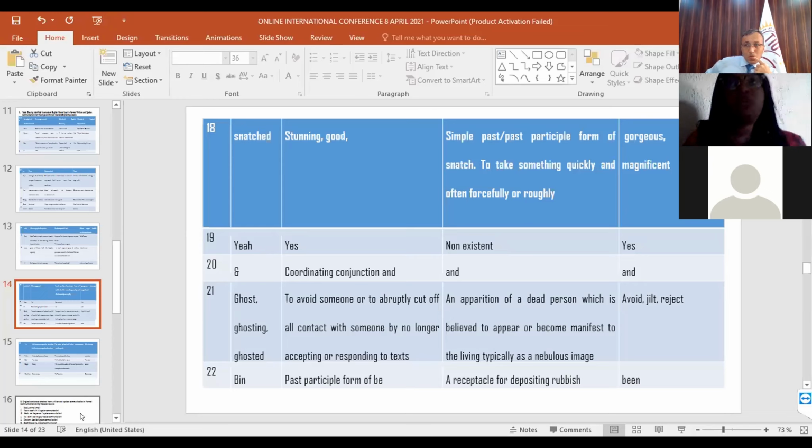Then ghost. In fact, we have ghost, ghosts, ghosted. I mentioned the fact that we're having a very interesting emerging variety among younger users that is gradually becoming well-structured. Now, ghost is used to mean wanting to avoid someone or to abruptly cut off all contact with someone by no longer accepting or responding to their texts or phone calls.